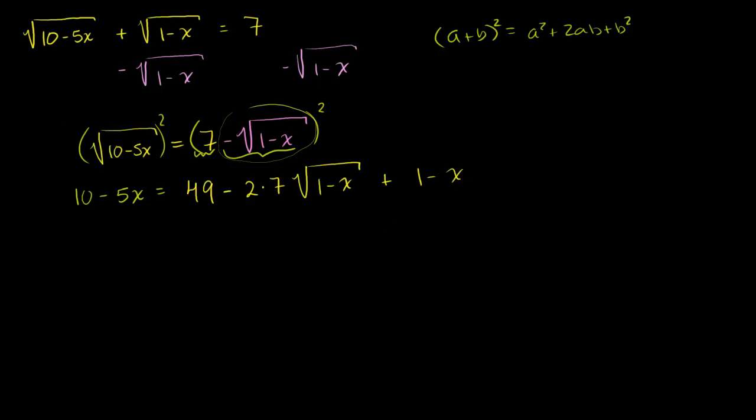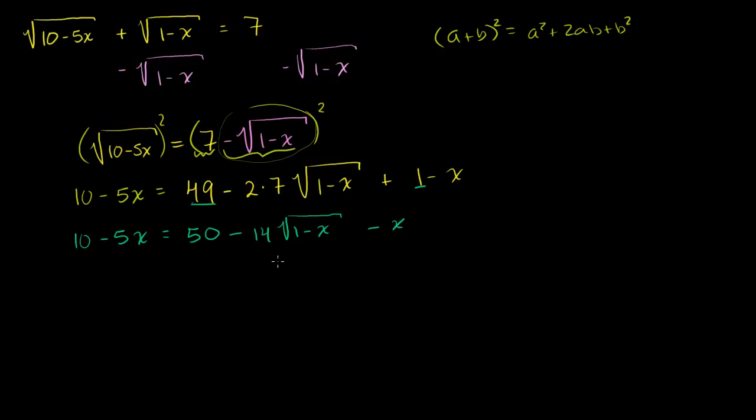And let's simplify this. So this is going to be equal to 10 minus 5x is equal to, well, one thing we can do, let's add the 49 and the 1. You get 50, and then minus 2 times 7 is 14 times the square root of 1 minus x. And then we have this final minus x out here.